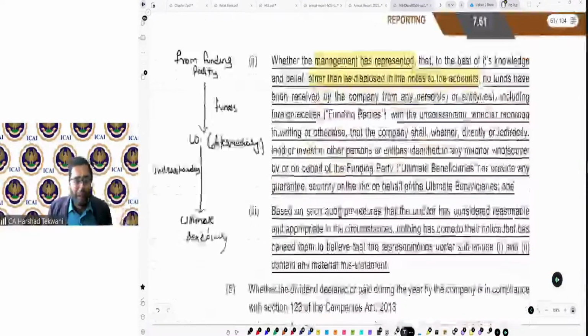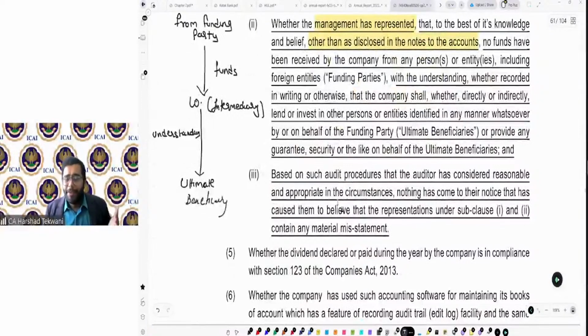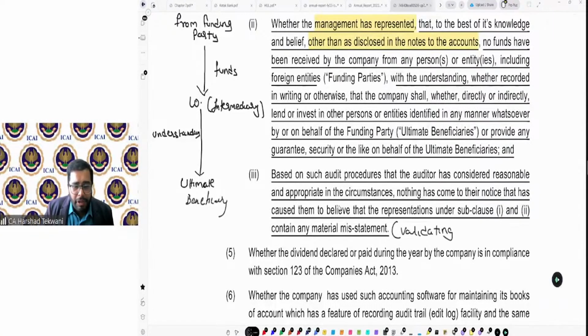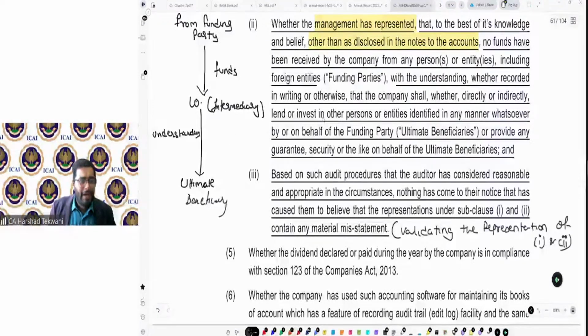That is point number 3, validating the representation of 1 and 2.